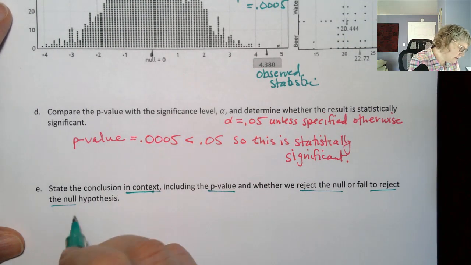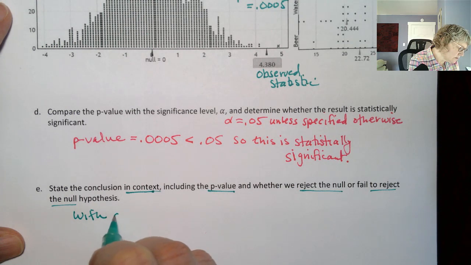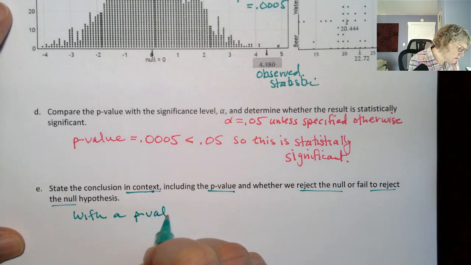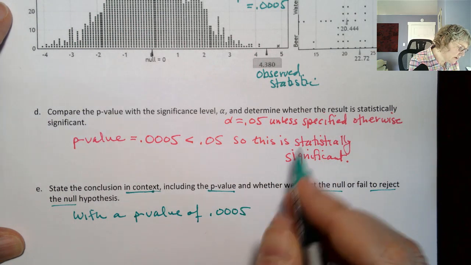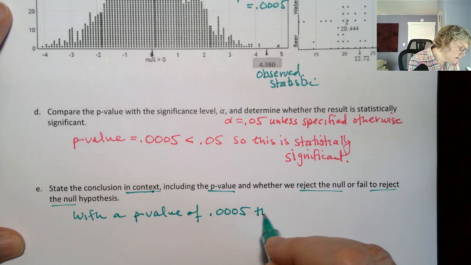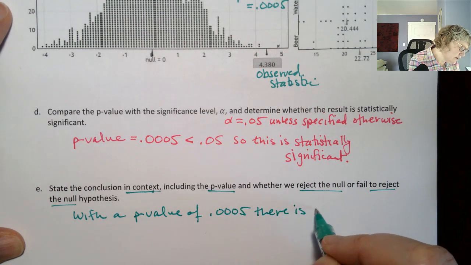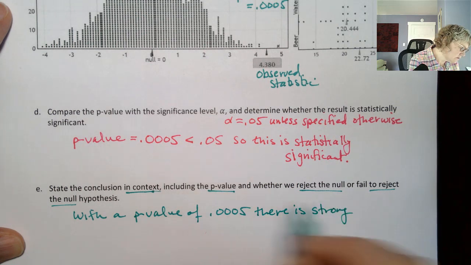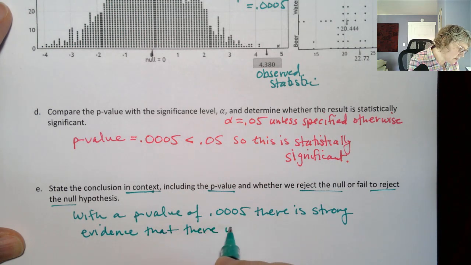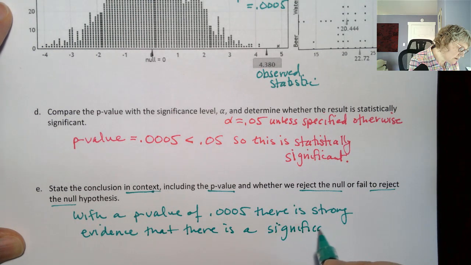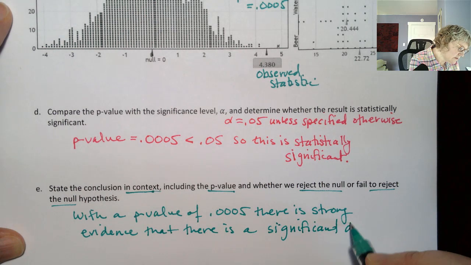So I'm going to write with a p-value of 0.0005, there is strong evidence that there is a significant difference.